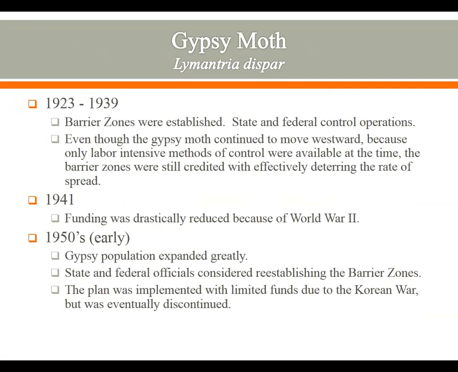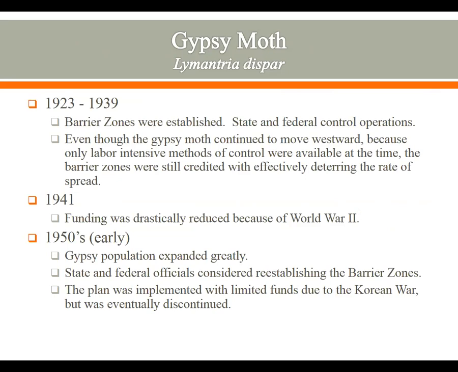From 1923 to 1939, barrier zones were tried to sort of put a wall up for the gypsy moth to keep it from moving on to other states. There was a nice long one put along the east side of the New York state border with the other New England states to try to reduce that advancement.